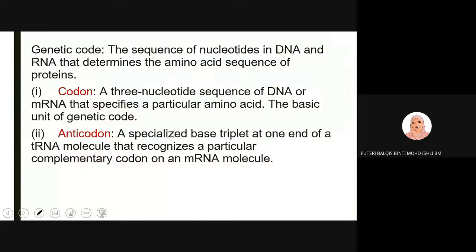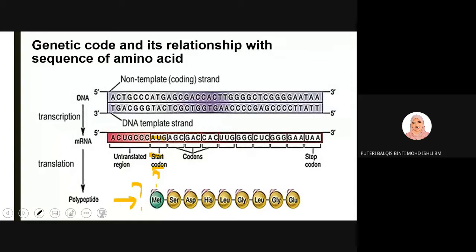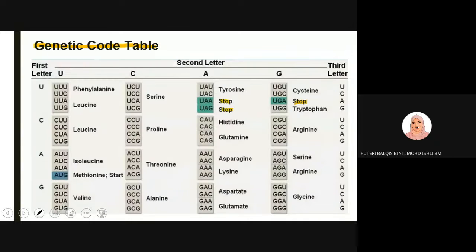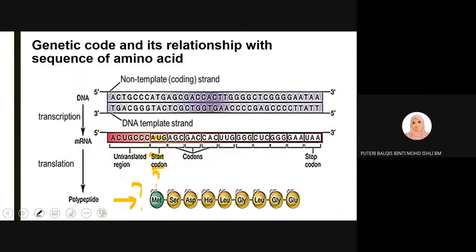So for example, I have AUG. I refer to the genetic code table. AUG codes for the amino acid methionine. So I write methionine dekat sini. Next codon, we have AGC.